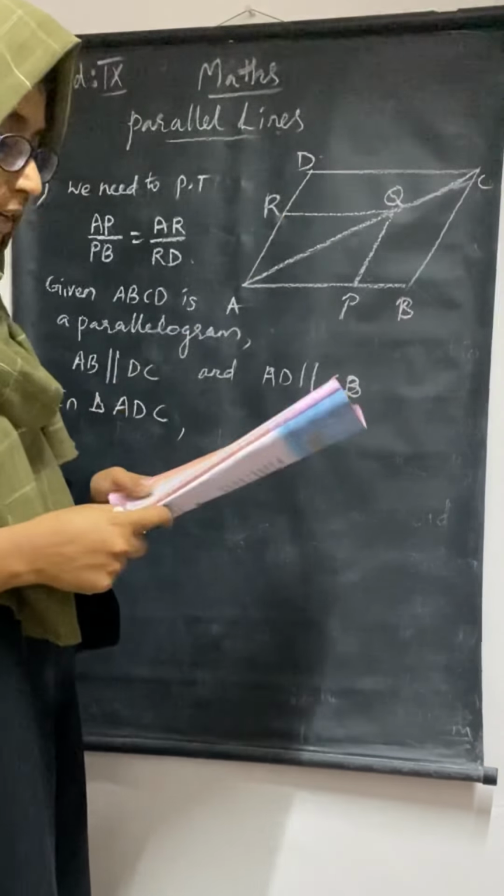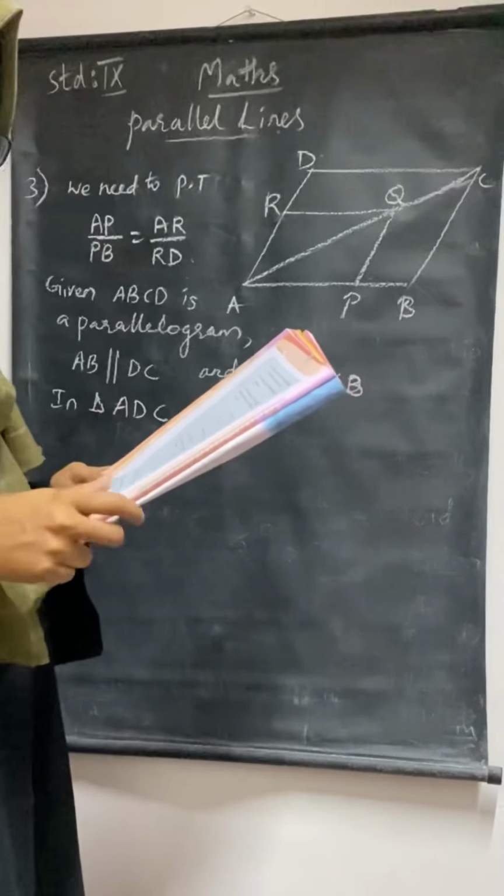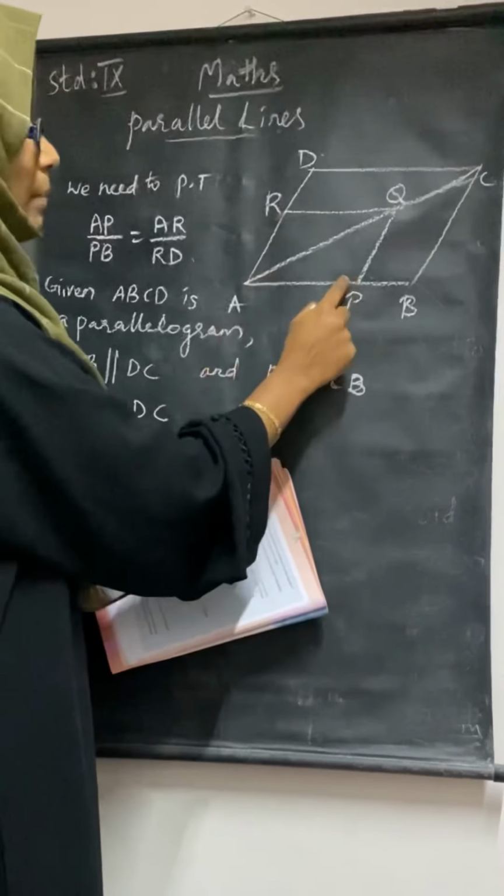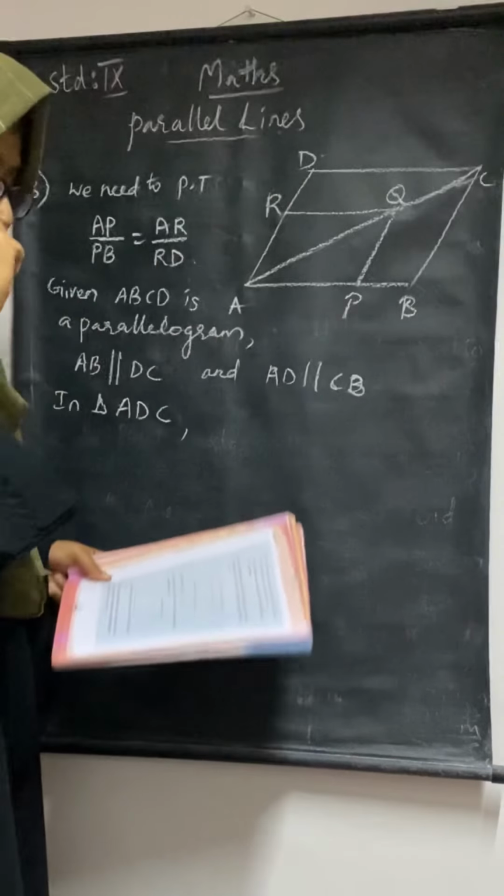Now prove that AP by PB is equal to AR by RD. That is the proof you have to do.